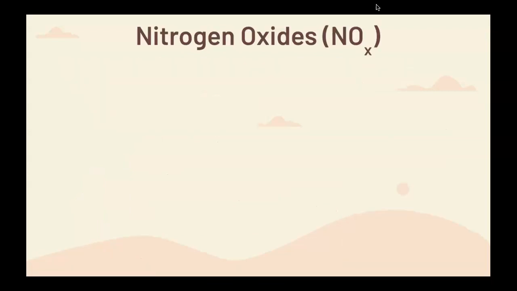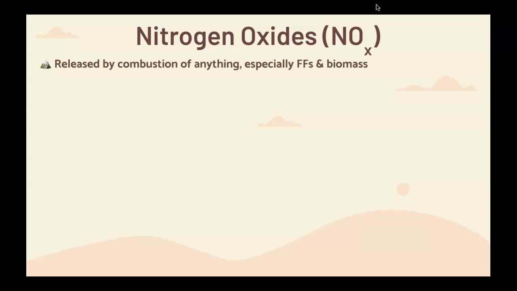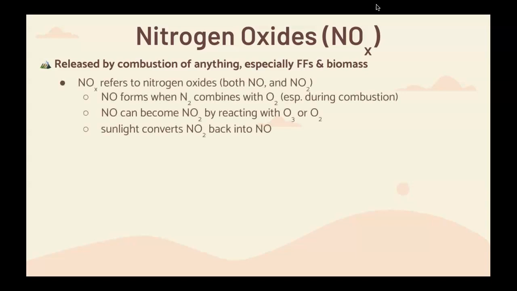Nitrogen oxides, and we refer to them as NOx, this is going to come from the combustion really of anything, but specifically fossil fuels and biomass. So when we combust those, we're going to release NOx. And so NOx refers to both nitrogen dioxide and then nitrogen monoxide.